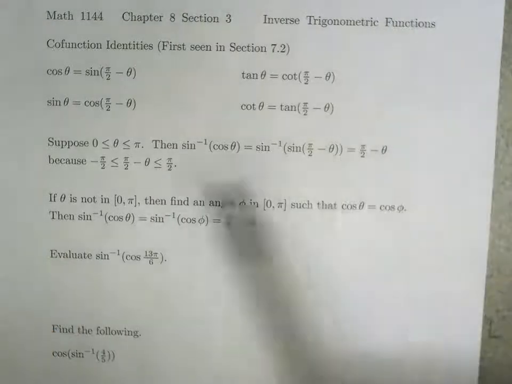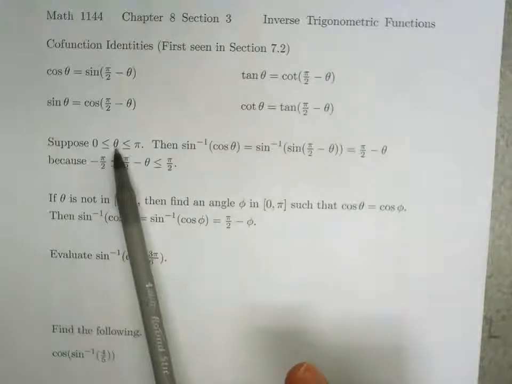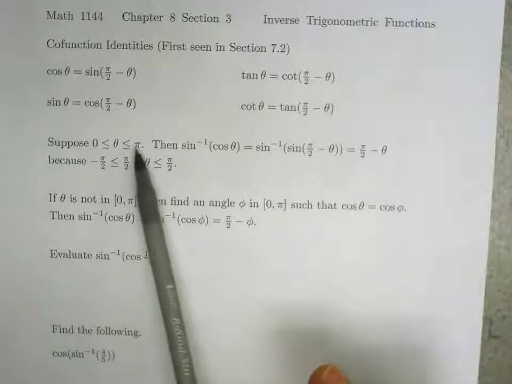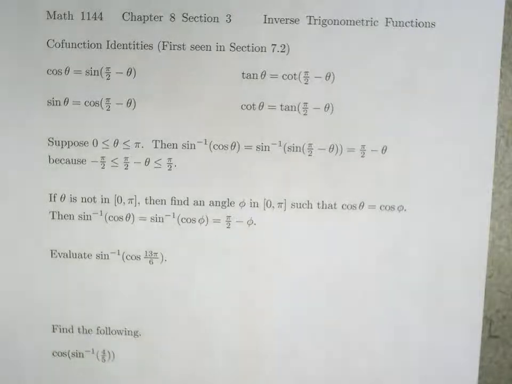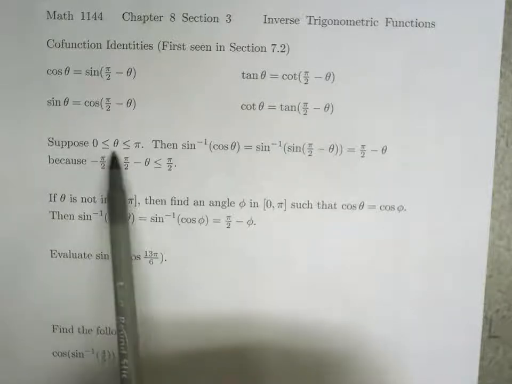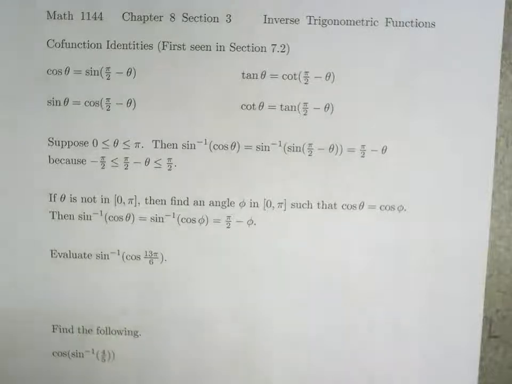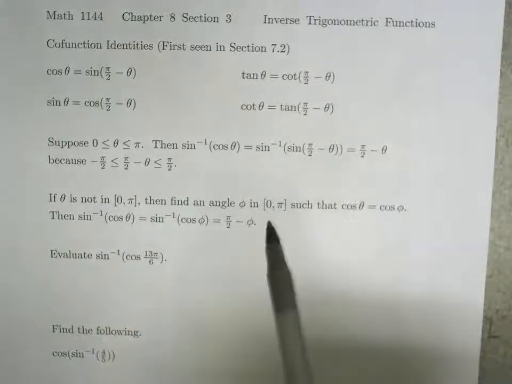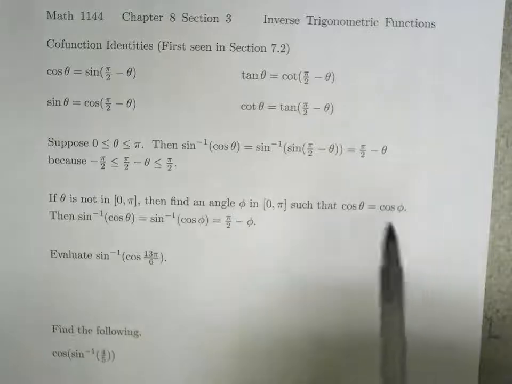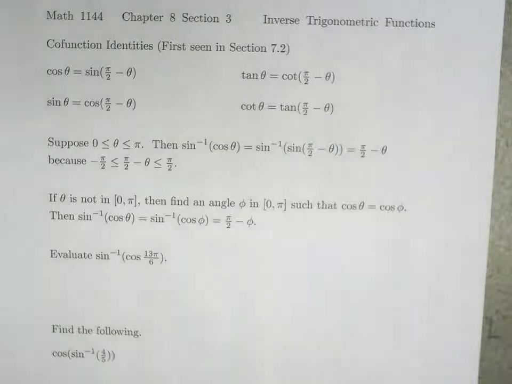So you can see that if you reason it out this way. We're beginning with theta between 0 and pi. So pi over 2 minus each of those endpoints will give us the range for pi over 2 minus theta.